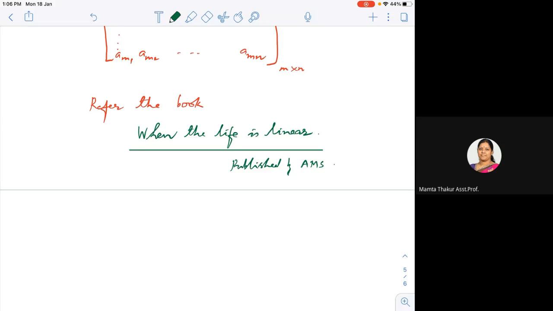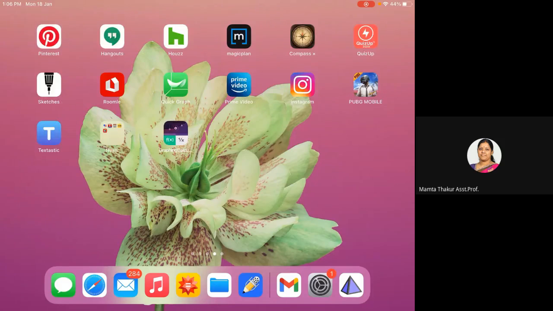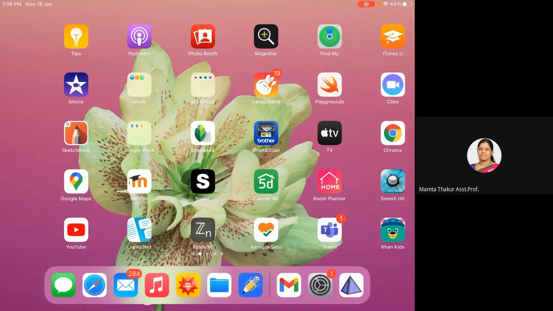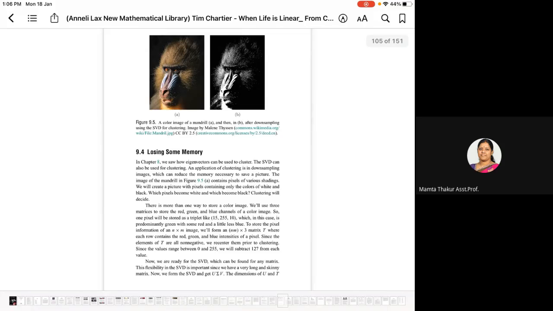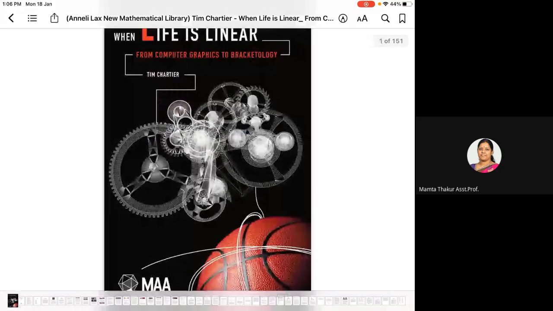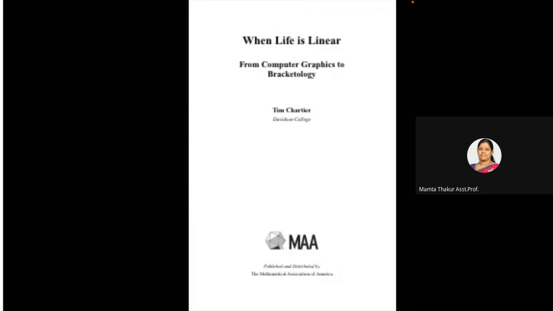To show you, let me go through that book and show you one or two images. That book is the one I'm talking about. "When Life Is Linear". Let's try to look at one example from this.